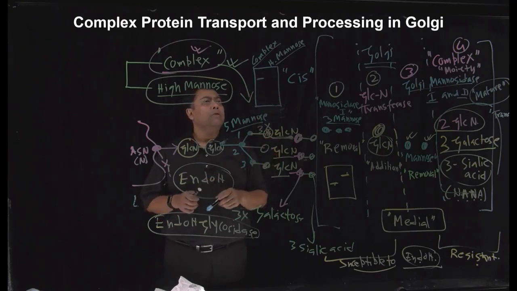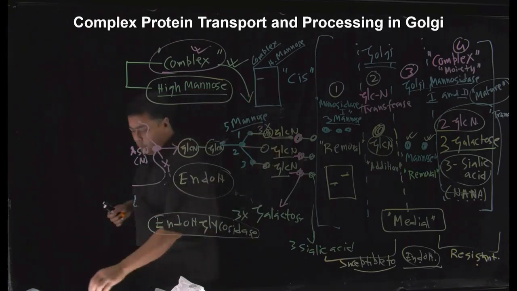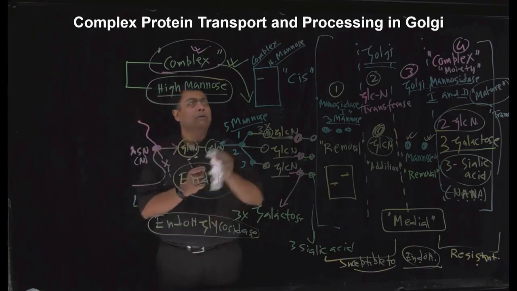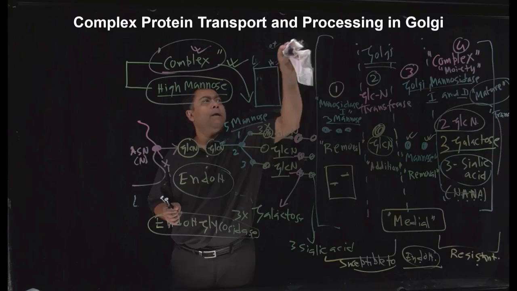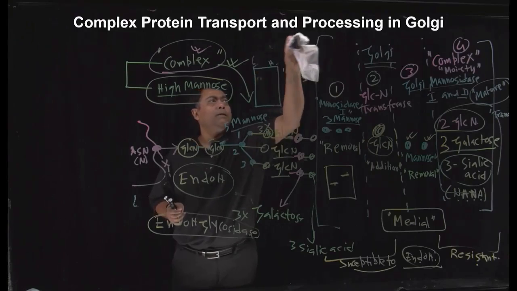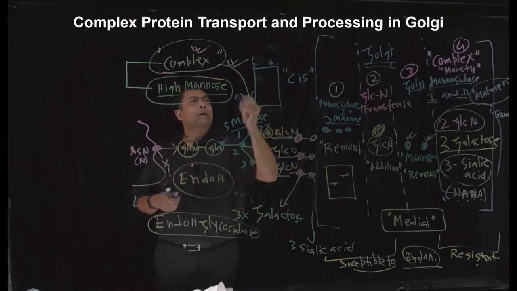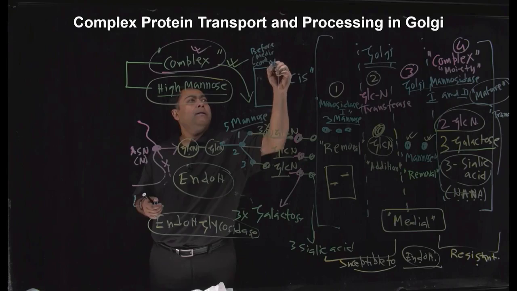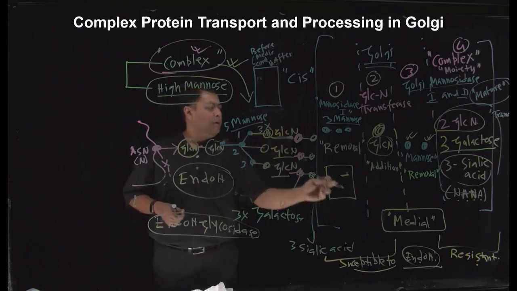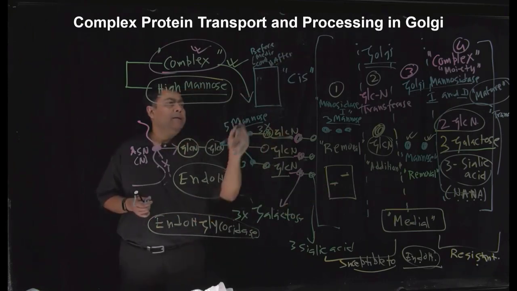On the other hand, let's do it in two different gels right here, that will make a little more sense. So here you have before medial Golgi, and this is after medial Golgi. And the gel pattern will look like this.